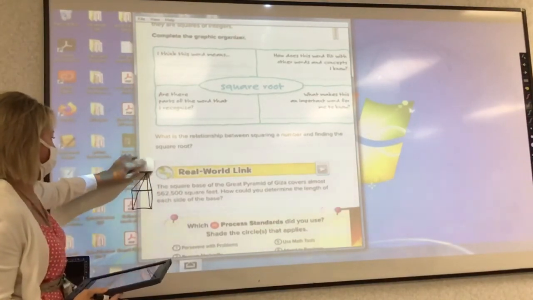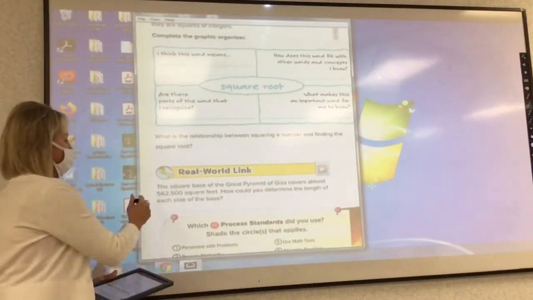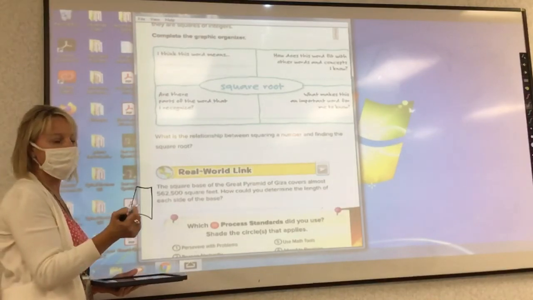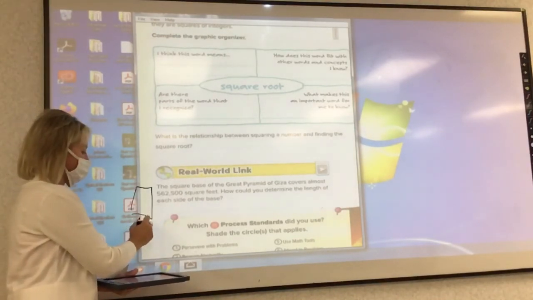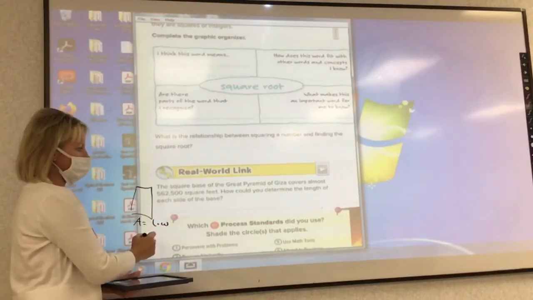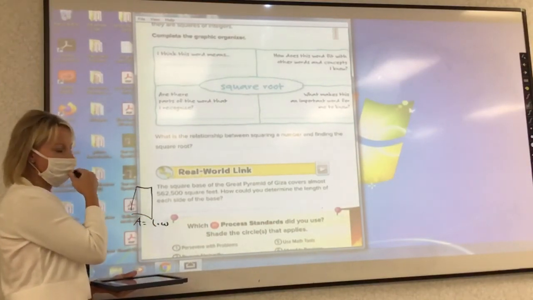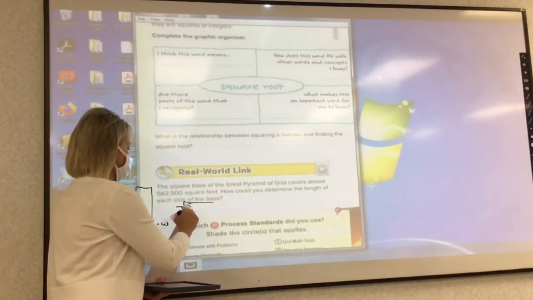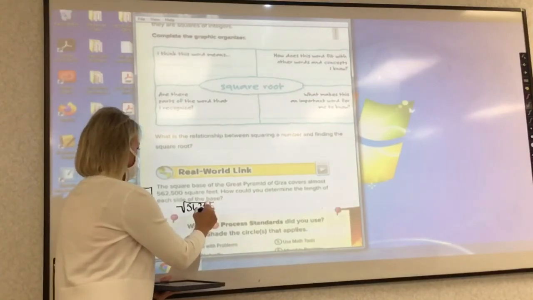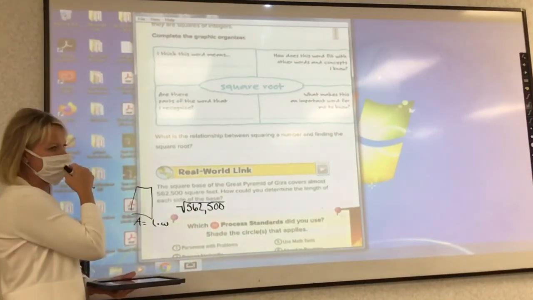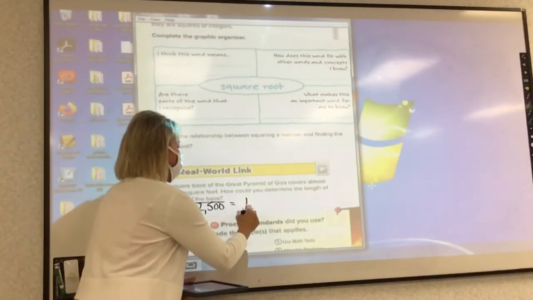So let's just focus on the base. The base is a square, right? To find the area is always length times width. If it's a square, these numbers have to be the same. So to find the length of one side, I would have to find the square root of 562,500. Then I could find the length.